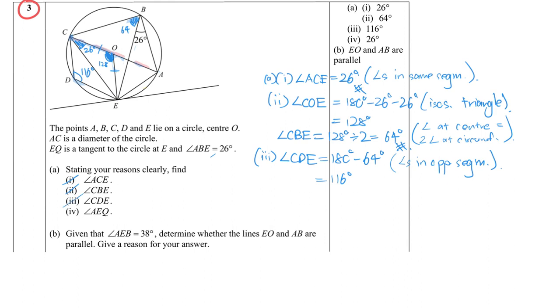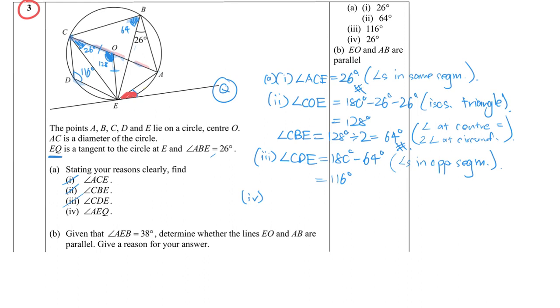Next, angle AEQ. Right, so based on the question, EQ is the tangent, so Q is not really drawn out there. Apologies about that. So AEQ is talking about this angle in blue over here. Okay, maybe I should use red. Okay, AEQ over here.